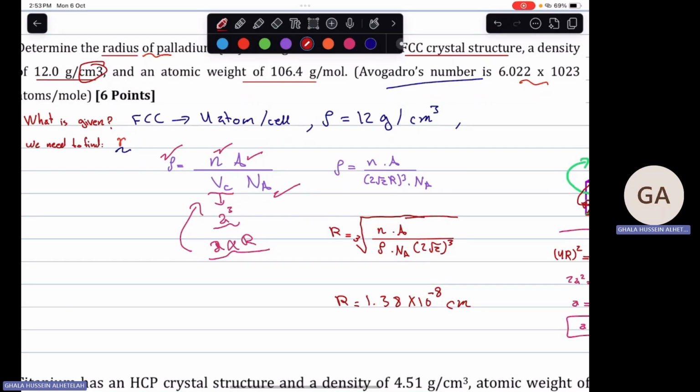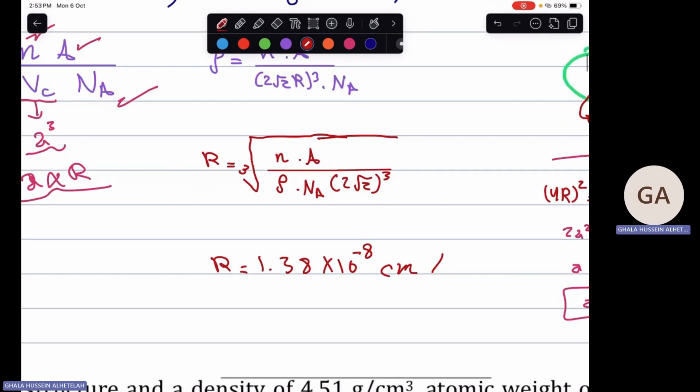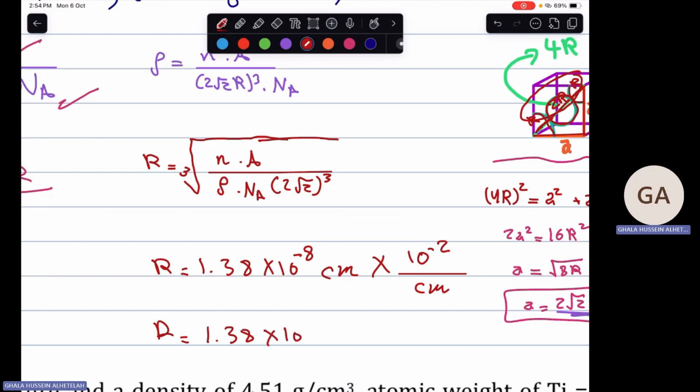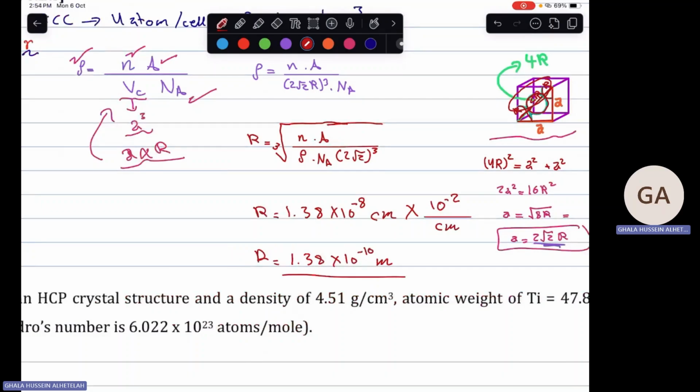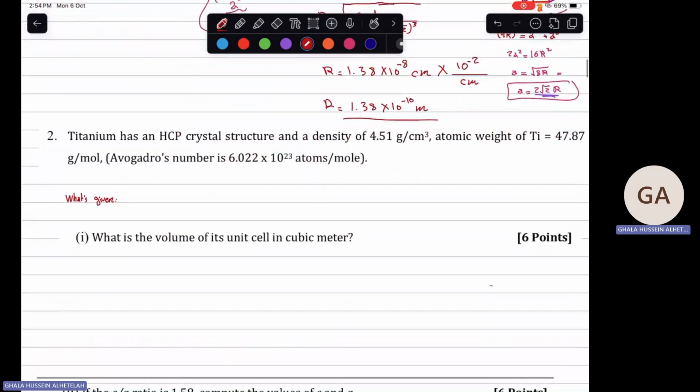So if we need to convert the unit from centimeter to meter, we can basically use this logic, which is to put the centimeter in the denominator, and we know that in each centimeter in meter we have 10 to the power minus 2. So we are going to have that r is equal to 1.38 multiplying by 10 to the power minus 10 meter. And also you can convert to nanometer if he asks. Okay, let's move on to the next question.